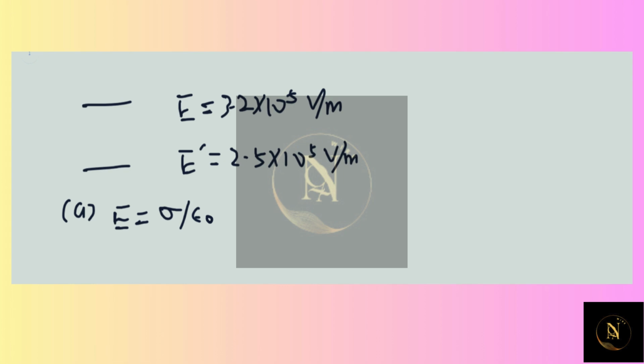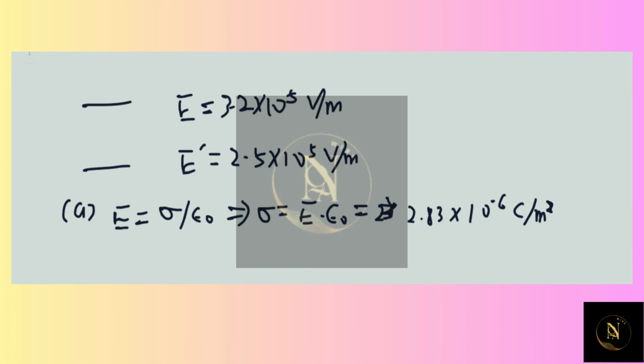And you'll see that sigma here equals E times epsilon naught, right? So before we insert the material, we have the charge density sigma equal 2.83 times 10 to the negative 6 coulomb per meter squared.